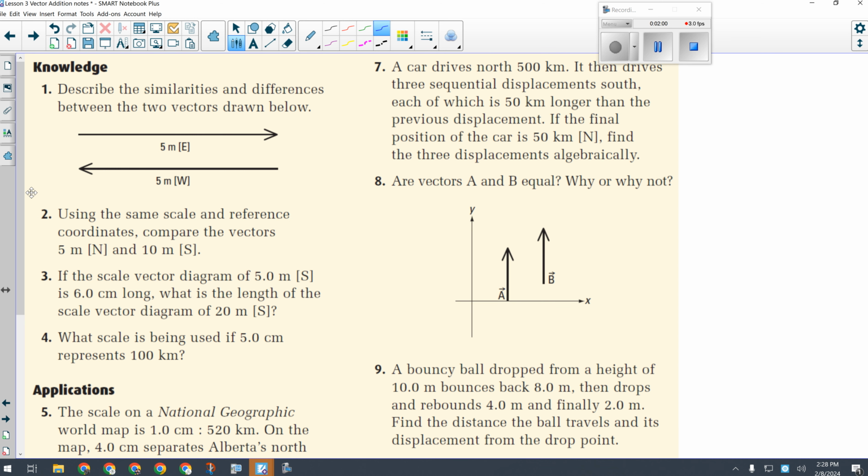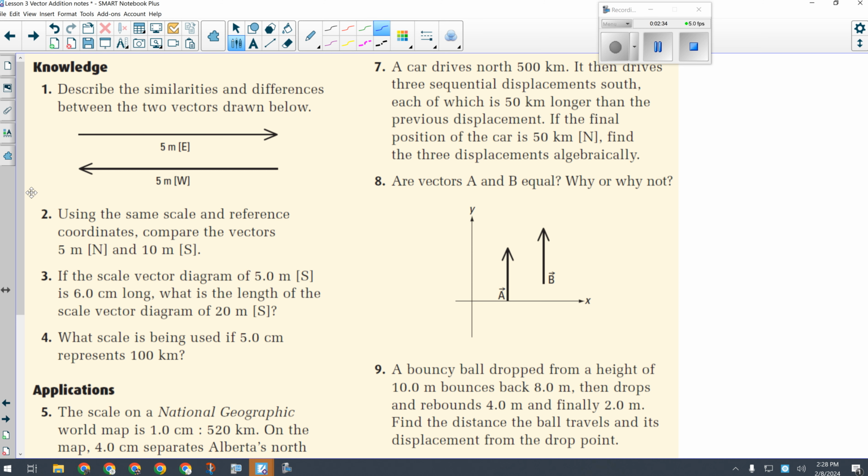Okay, let's see how you do with number 7. Number 7's a bit of an algebra trick, but the diagram can be helpful. So this car drives north 500 kilometers, then drives 3 sequential displacements south, so it turns around and comes back the other way, each of which is 50 kilometers longer than the previous one.